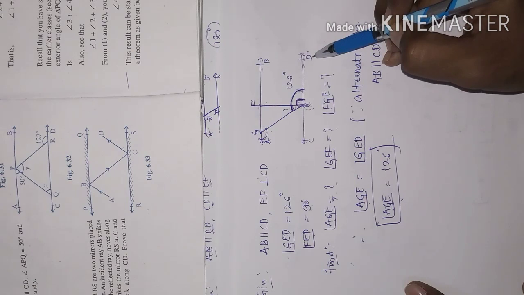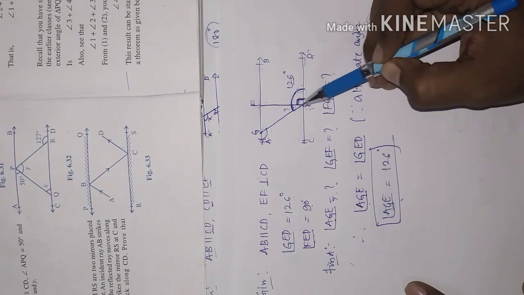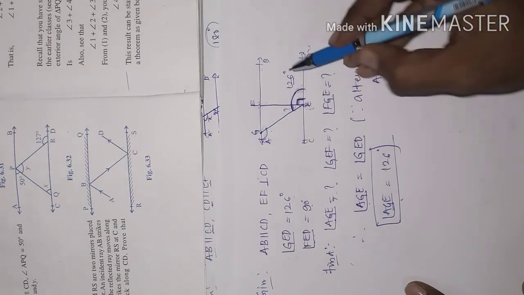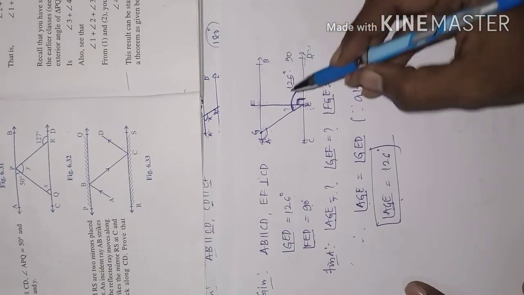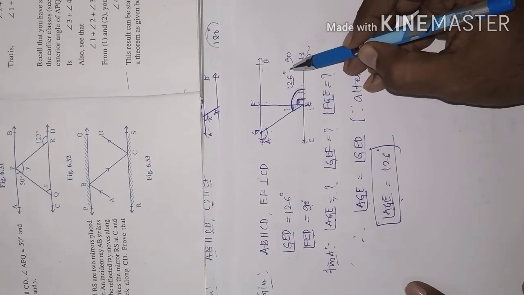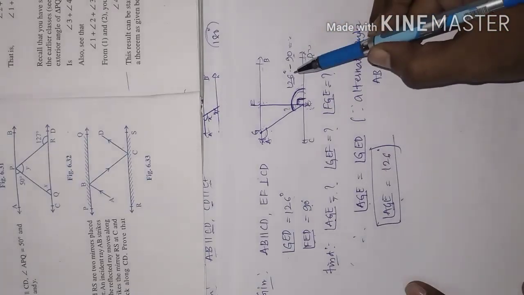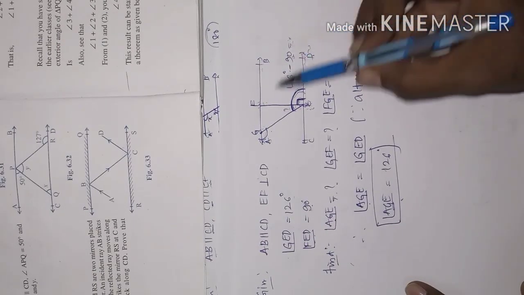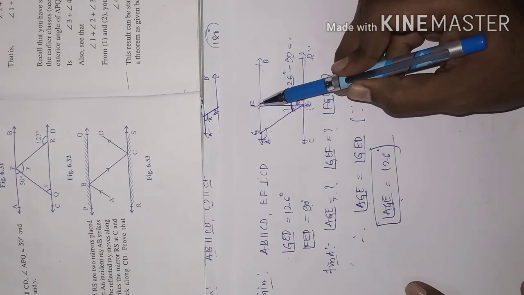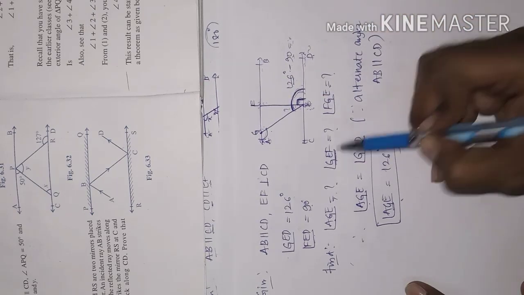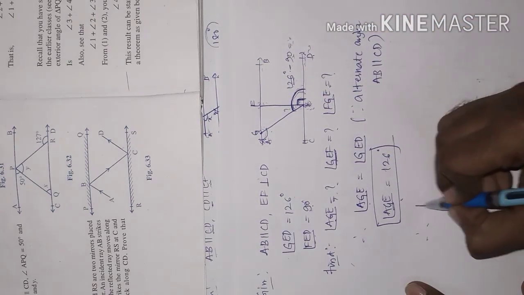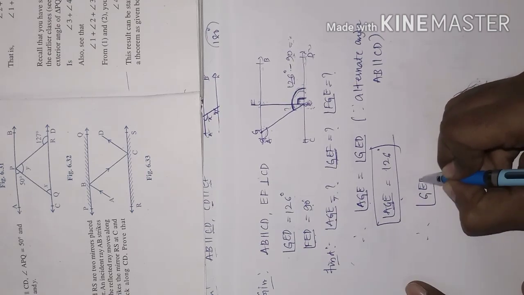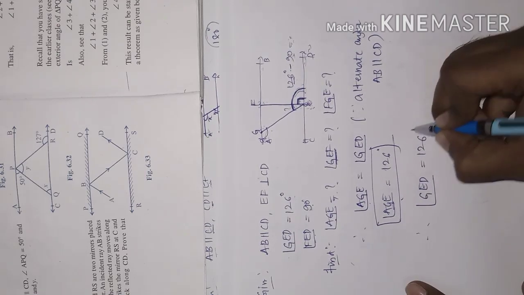GED is equal to 126 and FED is equal to 90 degrees. If I subtract 90 from 126, that will be the solution for GEF.